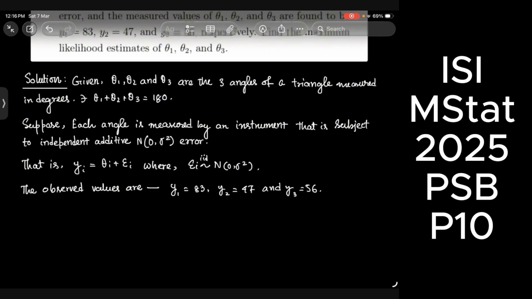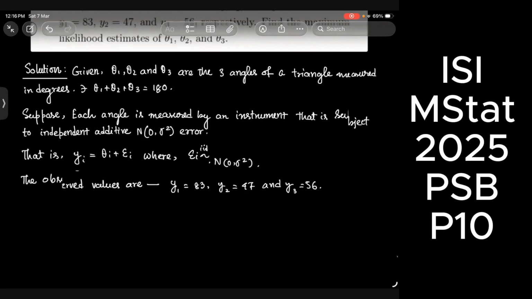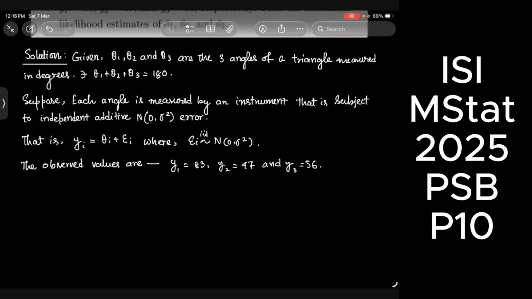Right. So what do we have to do now? Our theta i's are basically yi minus epsilon i for all values of i, right? Sorry, I just wrote the reverse thing.